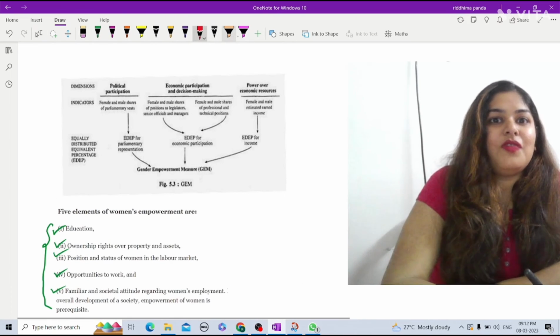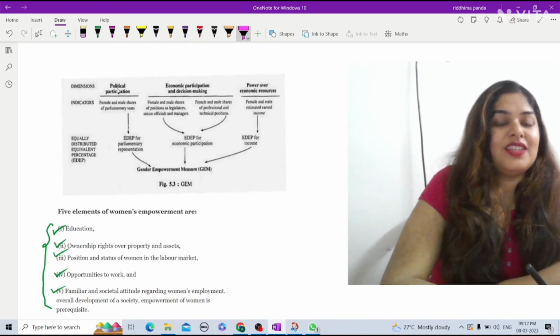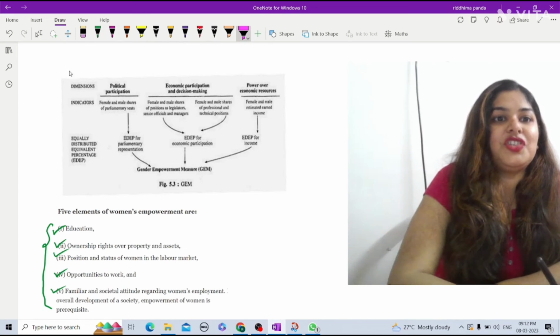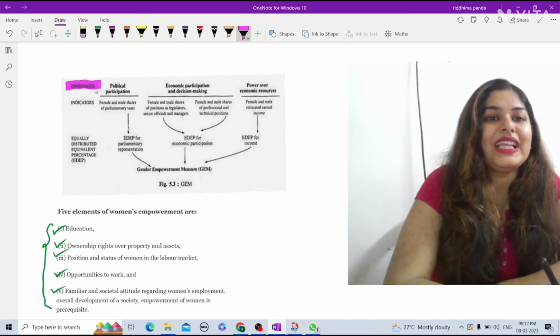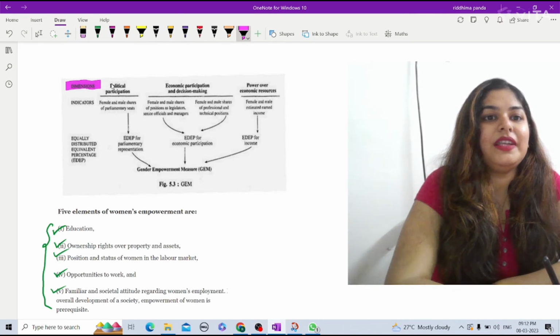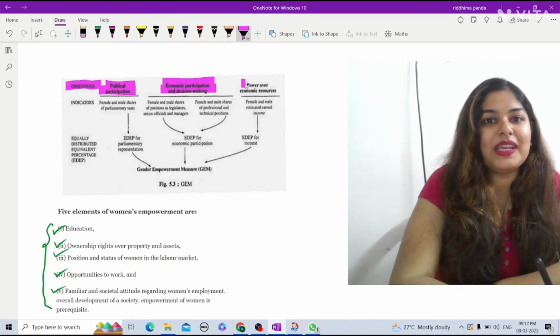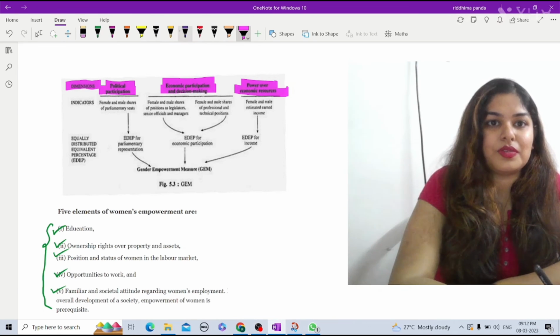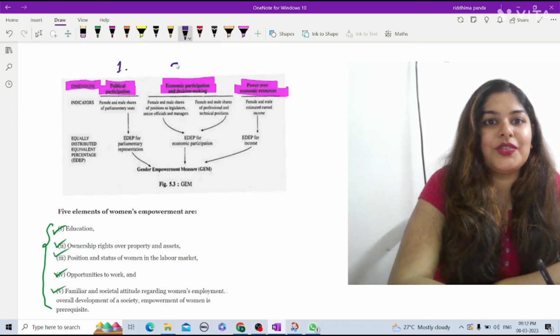So, just as with GDI, similarly for GEM you have dimensions. Under dimensions, as already mentioned, there are three parts: political participation, economic participation and decision making, and the power over economic resources, right? So 1, 2 and 3.